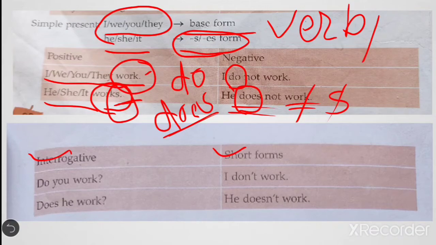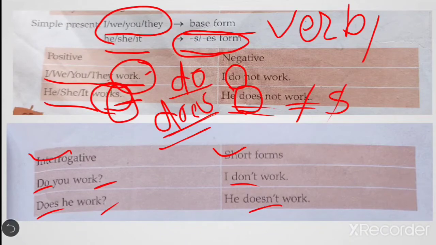Do you walk? In a question sentence, this do and does will come first, in the beginning of the sentence, and at the last a question mark. Do, question mark last. Does, beginning, and last question mark. So it's known as a question sentence. And when you write the short form, in place of do not, you have to use don't.